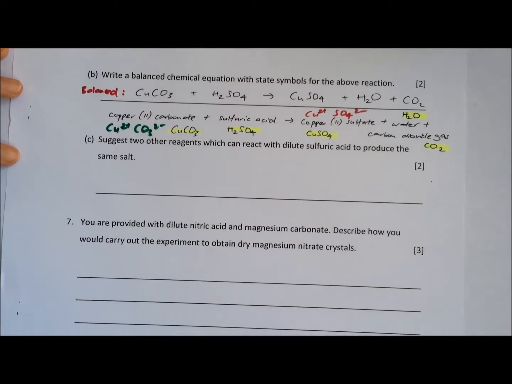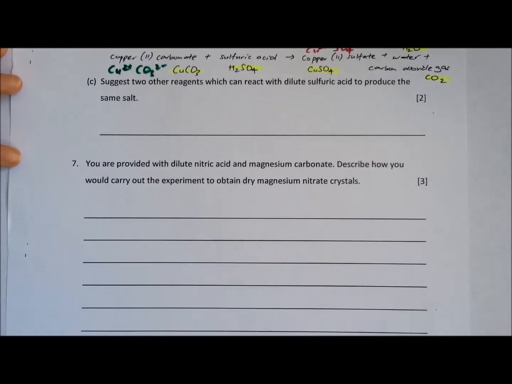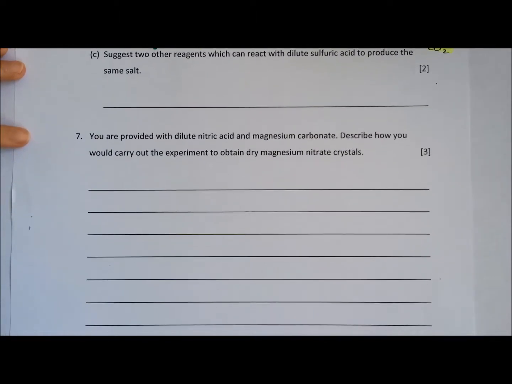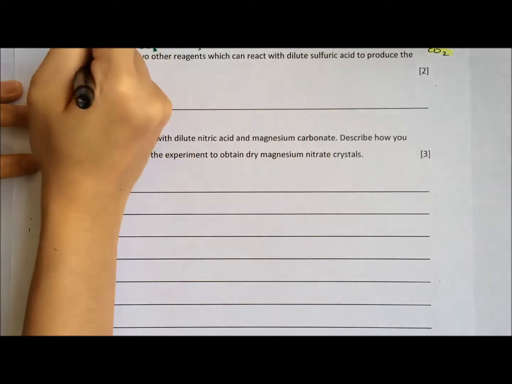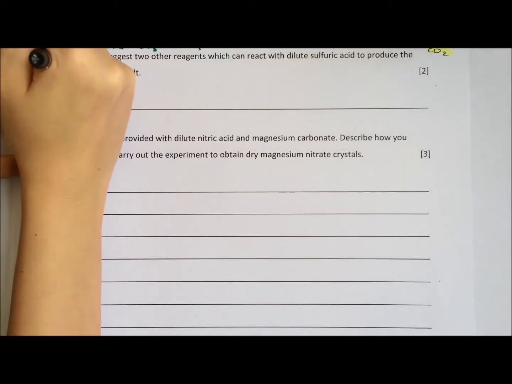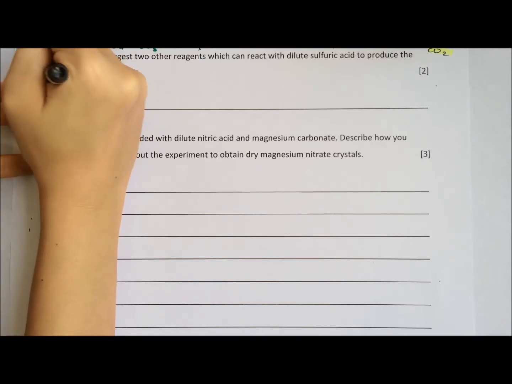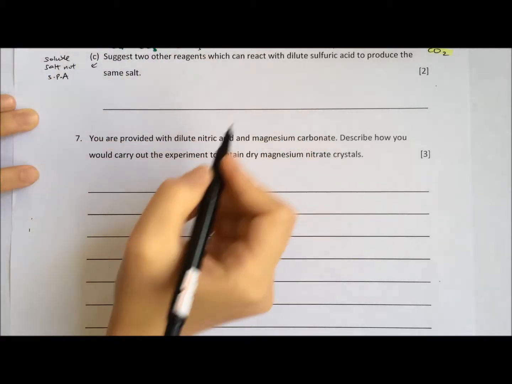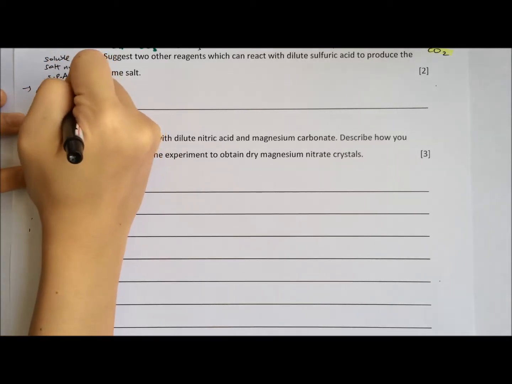Okay, we look at the last part of the question, which is part C. It says suggest 2 other reagents which can react with dilute sulfuric acid to produce the same salt.